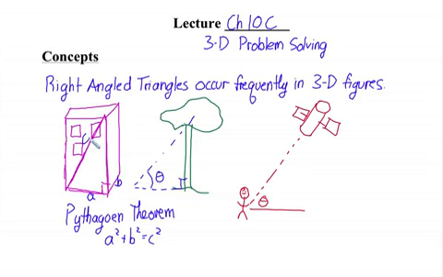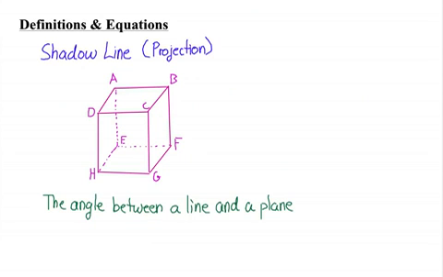We can also use our trigonometric ratios and their inverses of sine, cosine, and tangent. In three-dimensional objects, such as boxes, like the figure that's shown here, we often talk about shadow lines or projections.